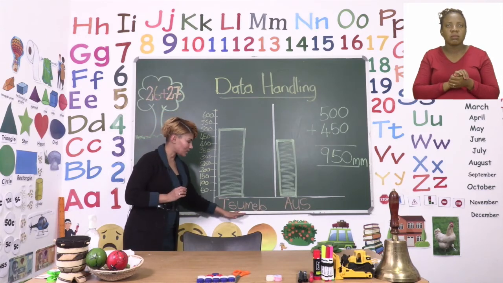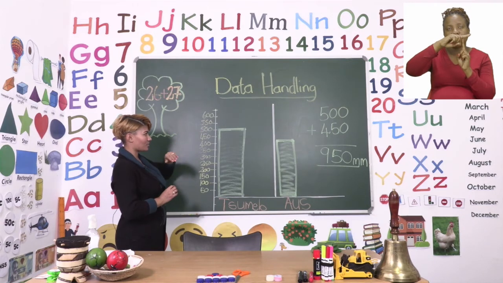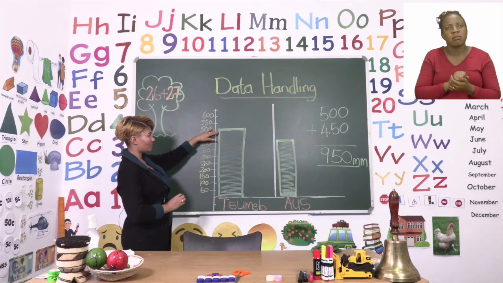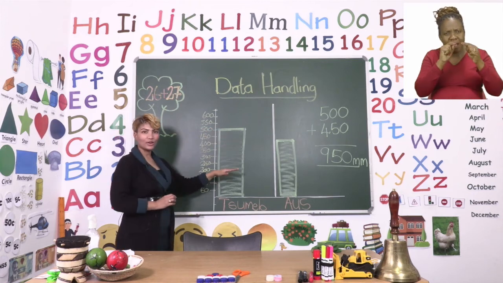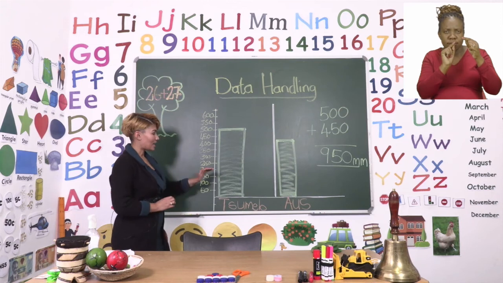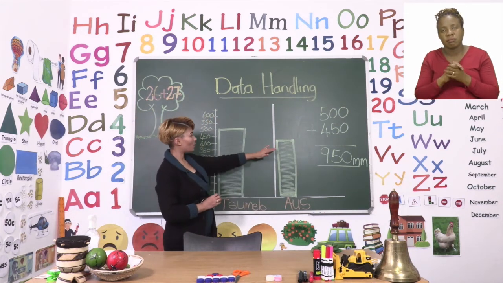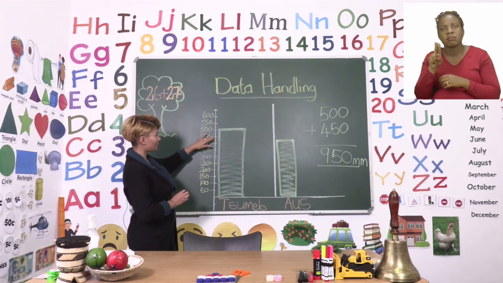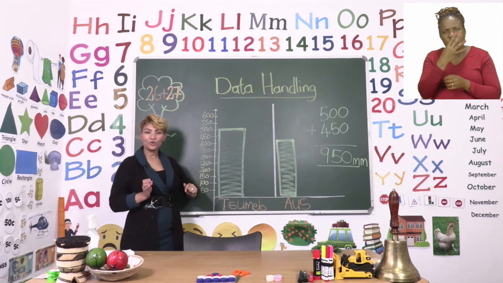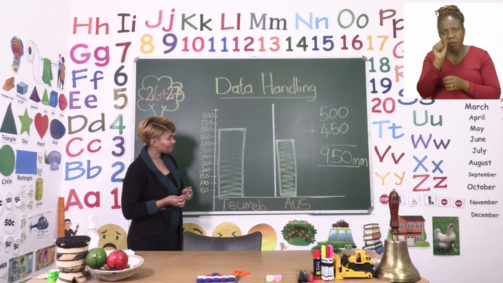So for the first town, Chumeb, it said it had 500 millimeters. So once you have measured 500 millimeters, you can go ahead and maybe color it in. And another example was the town Aus with 450 millimeters of rain. So then you measure it and then you can also go ahead and color it in.